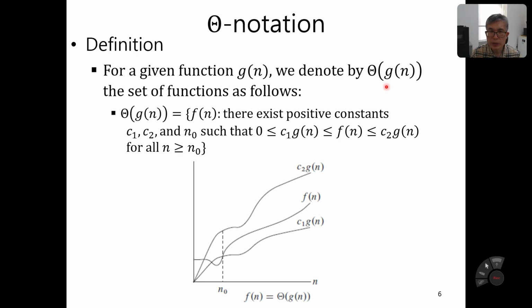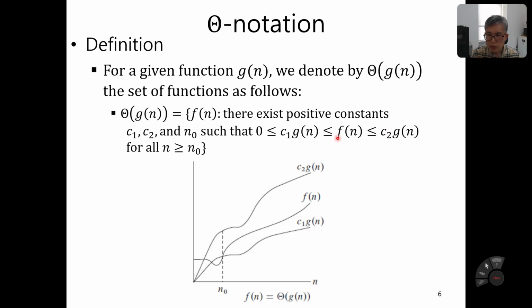Let's take a look at the definition of theta notation. For a given function g(n), we denote by theta of g(n) the set of functions for time complexity as follows. Theta of g(n) is the set of f(n) such that there exist positive constants c1, c2, and n0, such that this kind of inequality holds.